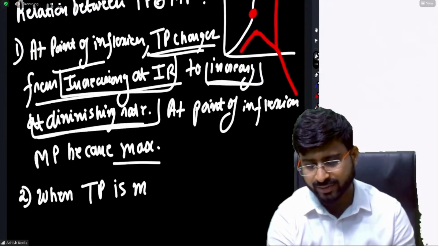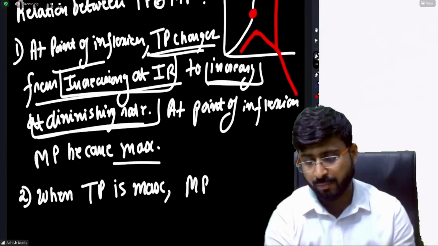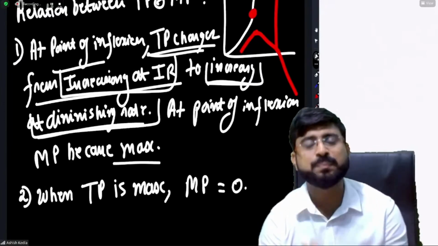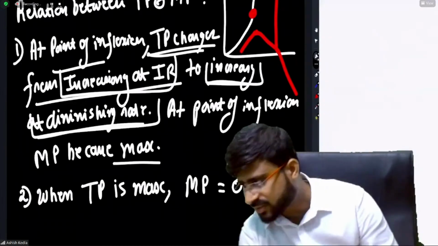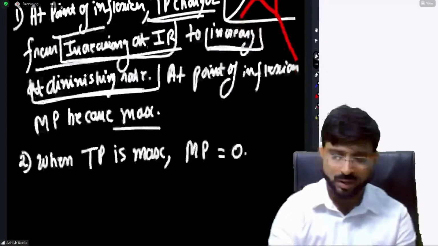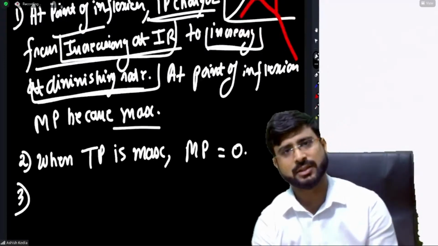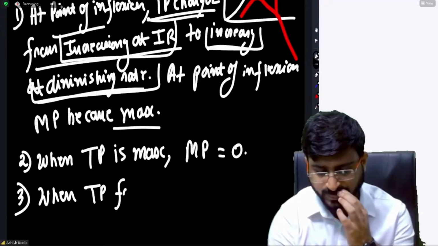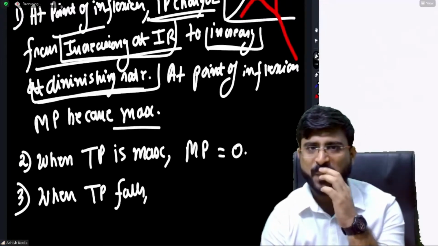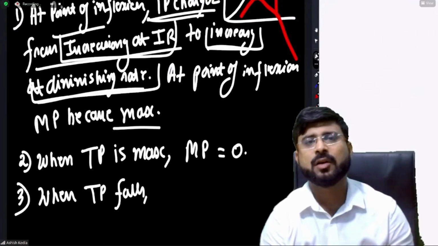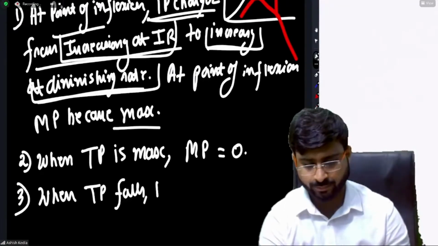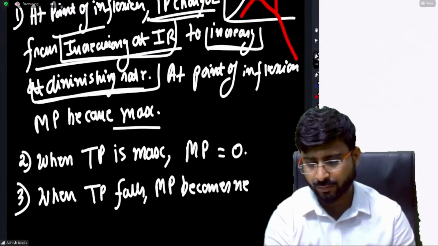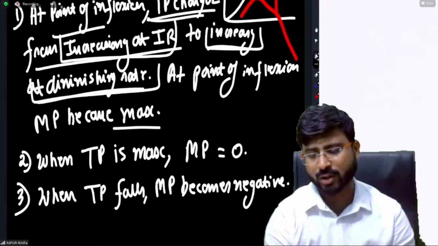Next, when total product is maximum, marginal product is zero. When TP is maximum, MP is zero. Okay? Third thing. When TP falls, when total product falls, MP becomes what?